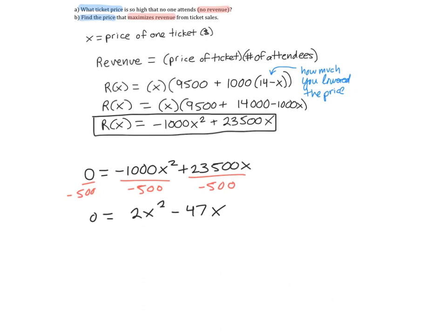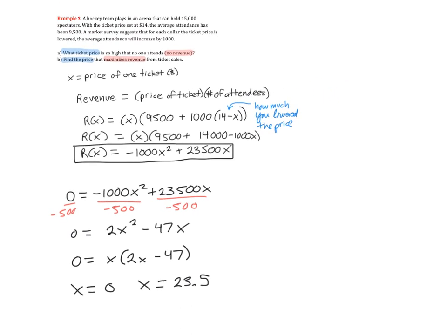From here, we can factor out an x, x(2x minus 47), and then we can do the zero product property, and you get x equals 0 or x equals 23.5.